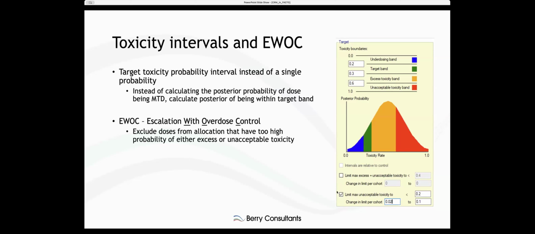So for example, here, what we've chosen here in FACTS, this lower box, this would mean that we do not allow patients to be placed on doses where we have more than 20% posterior probability that they're unacceptably toxic. There's also a possibility to make this stricter as the trial progresses.